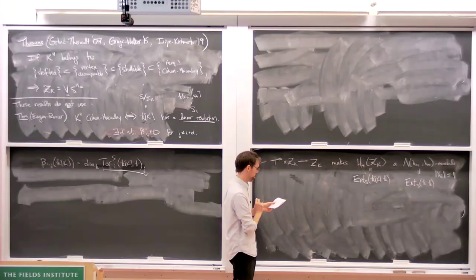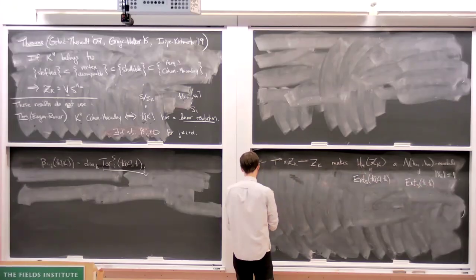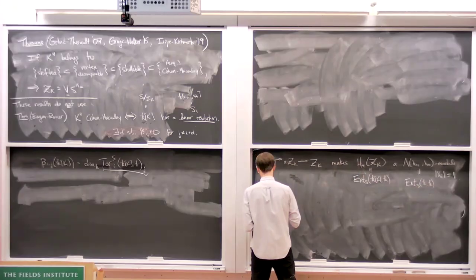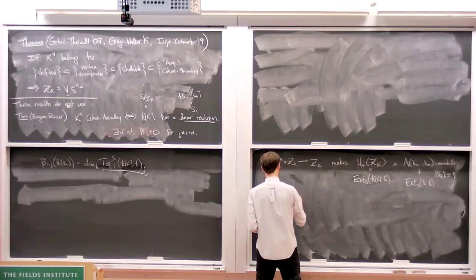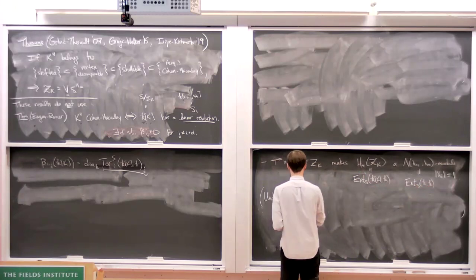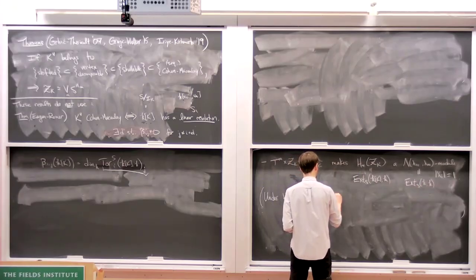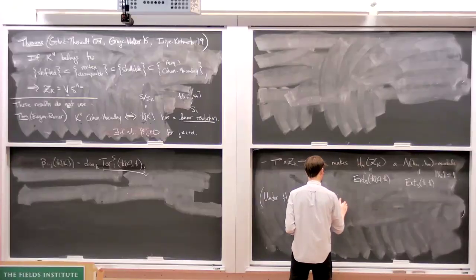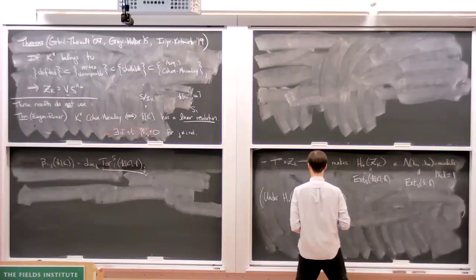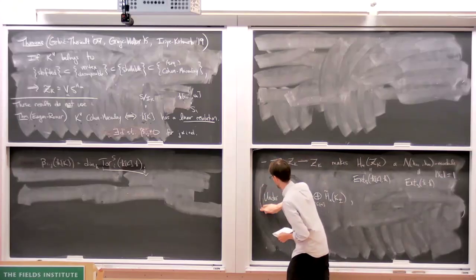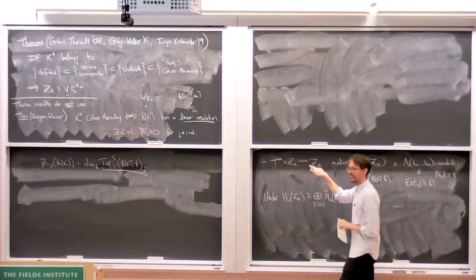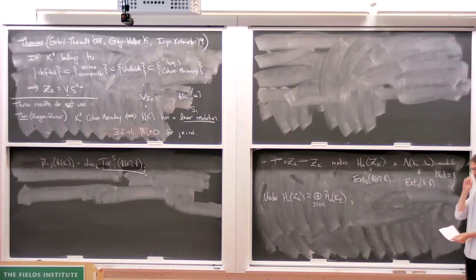And then this can also be understood in terms of the Hochster formula. So under this Hochster interpretation of the cohomology or homology of ZK, this would now look like a big sum over all subsets of our vertex set, the reduced homology of full subcomplexes. This action can be understood very concretely in these terms as well.